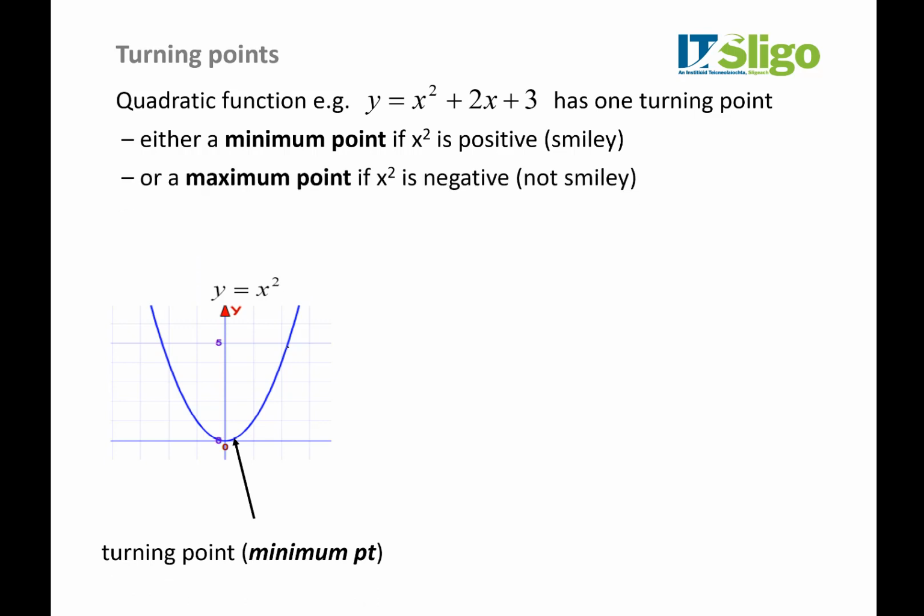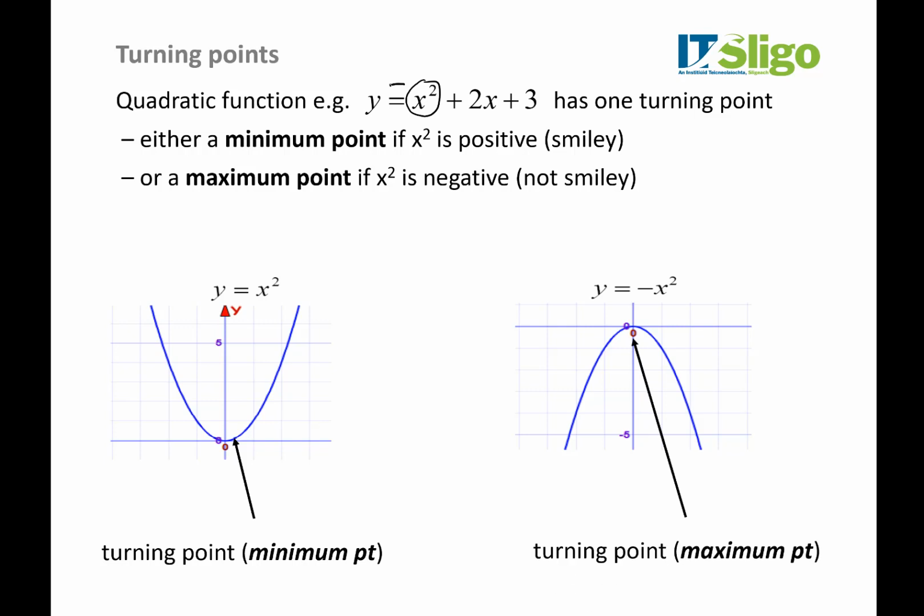Or we can have a maximum point if the x squared value is negative. If there was a minus in front of the x squared, then we get a not-smiley curve, which looks like this, and the turning point there is a maximum point. So we can identify the type of turning point we have with a quadratic by looking at the x squared value. Is it positive or negative?